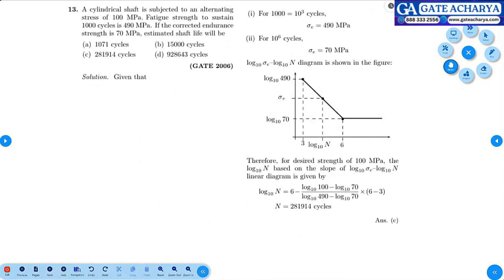See, GATE 2006. First attempt, take the calculator and completely solve it and understand first. Next attempt, try to solve by yourself by closing the book. At that time, certain times you need to open it. Certain things will be in your memory. When you do it for the third time, fourth time, obviously you will get all the logic captured, all the concepts understood.